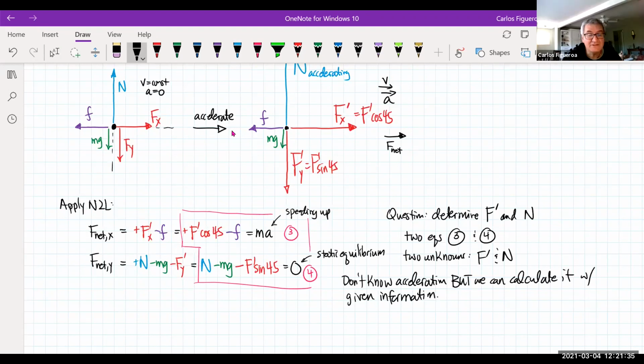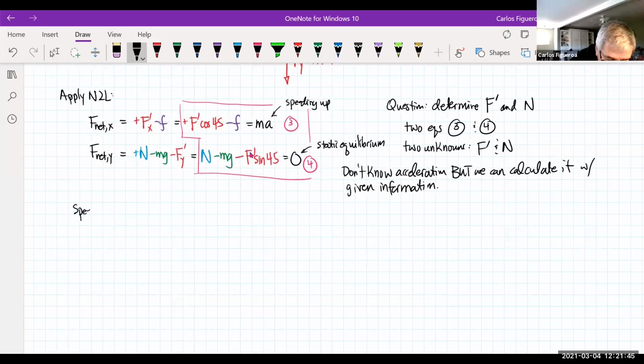And what they tell us here is that it speeds up by 1.2 meters per second in 2 seconds.